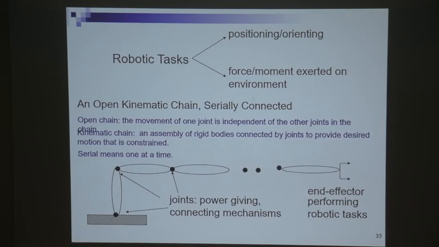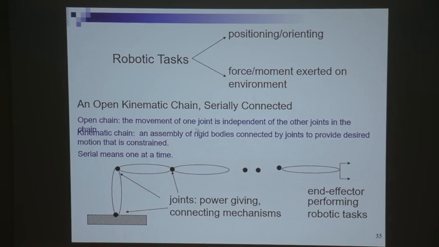A closed chain means that the movement of one joint will cause the movement of the other joint, so they are not independent. What about a kinematic chain? A kinematic chain is defined as an assembly of rigid bodies connected by joints to provide the desired constrained motion.